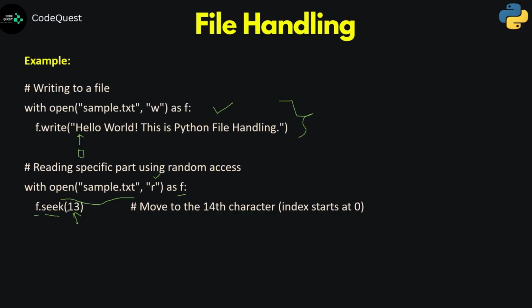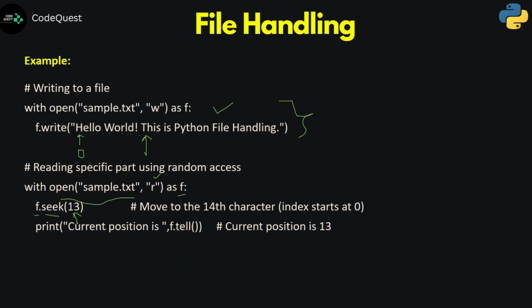Now from 0 I wanted to shift 13 characters, so this is 1, 2, 3, 4, 5, 6, 7, 8, 9, 10, 11, 12, 13. So this is the character where the file object will be placed.